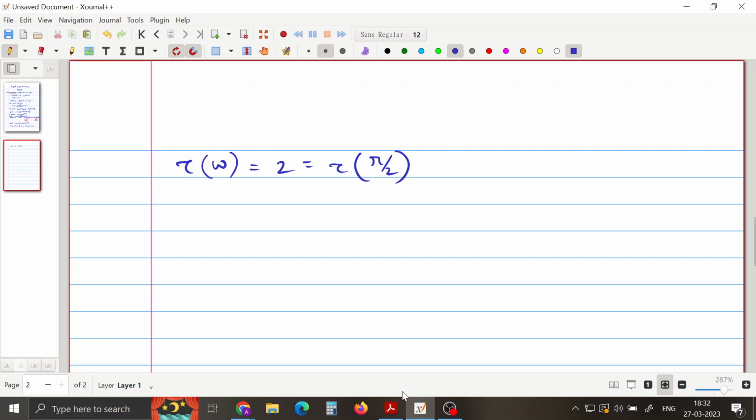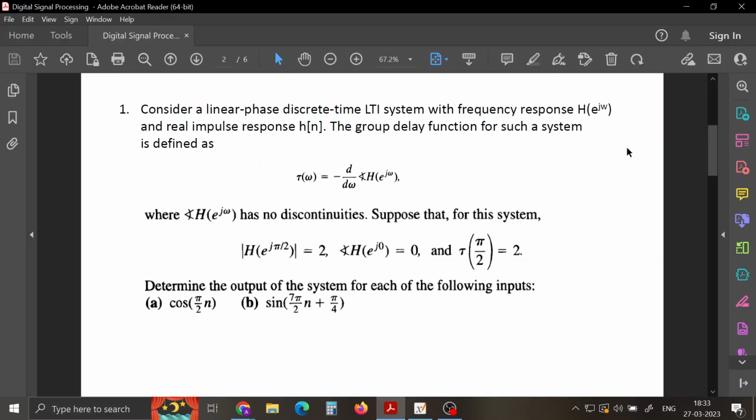Okay, just to quickly summarize what we have done so far: we are discussing this first question, in which we are given a linear phase discrete time LTI system with a frequency response capital H of e power j omega, and it is given that the impulse response, small h of n, is also real.